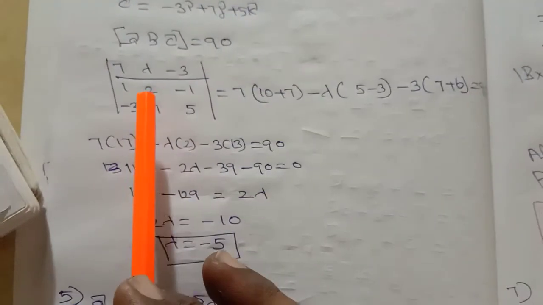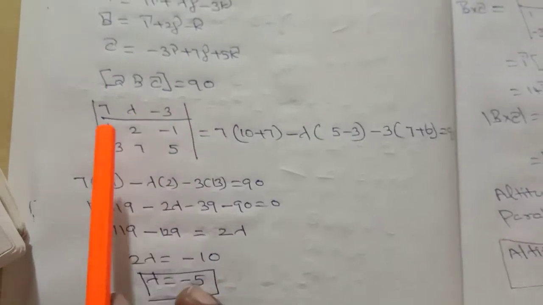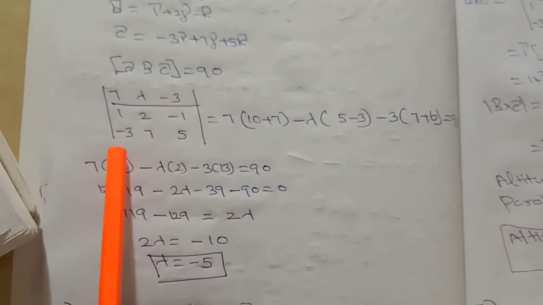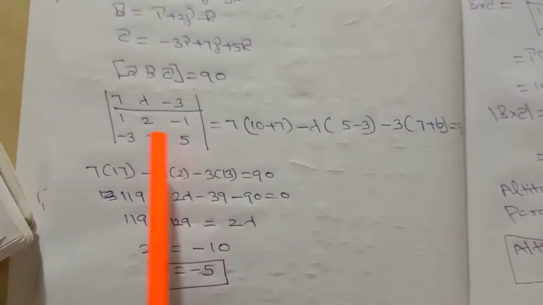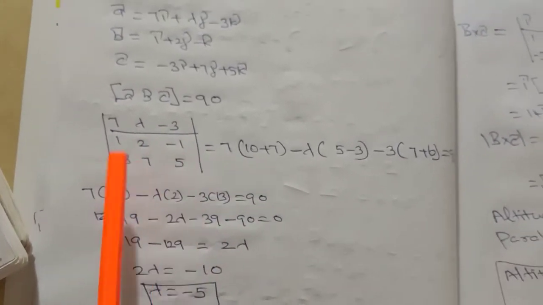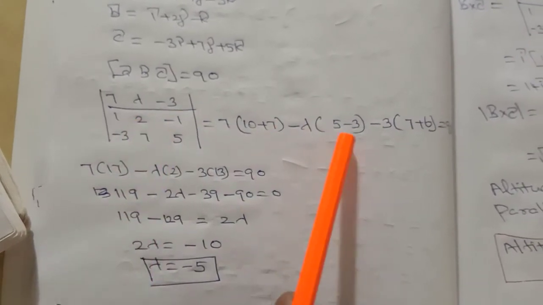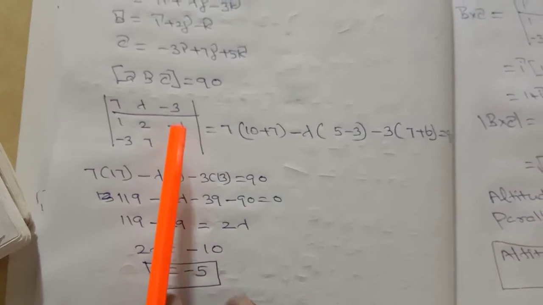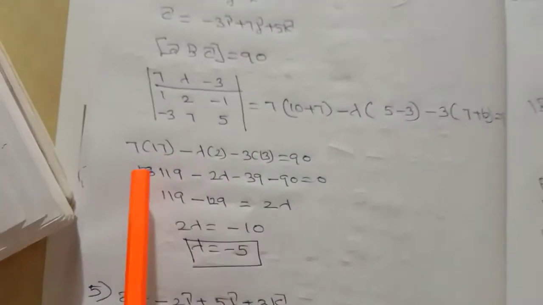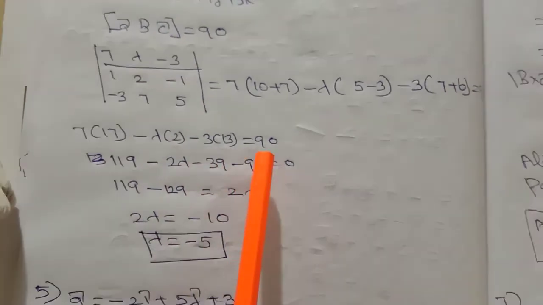So this is nothing but the determinant 7, lambda, minus 3; 1, 2, minus 1; minus 3, 7, 5 equal to 90. 7 into, that is 5, first one was 10 plus 7, minus lambda into 5 minus 3, minus 3 into 7 plus 6 equal to 90, that is 7 into 17 minus lambda into 2, minus 3 into 13 equal to 90.